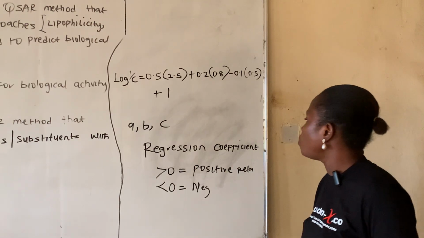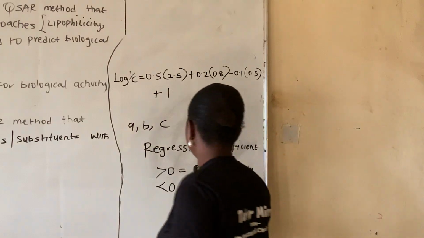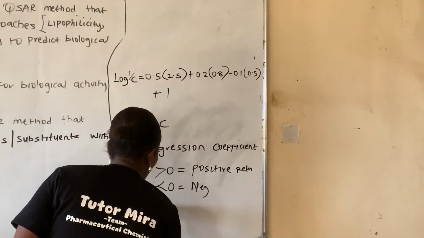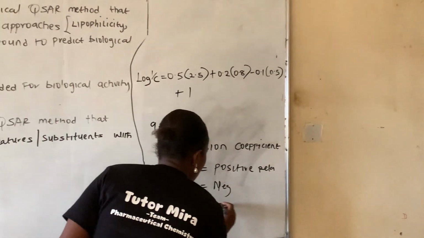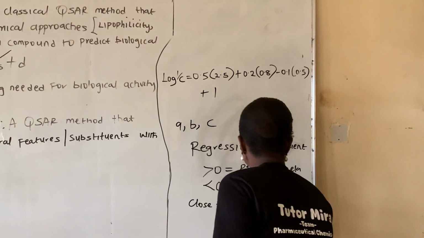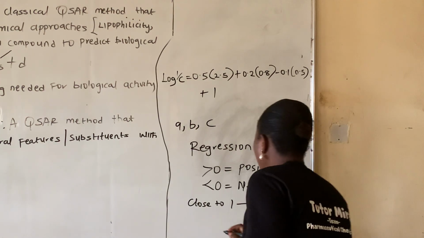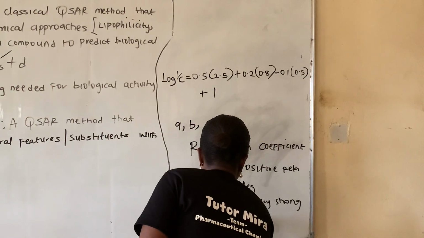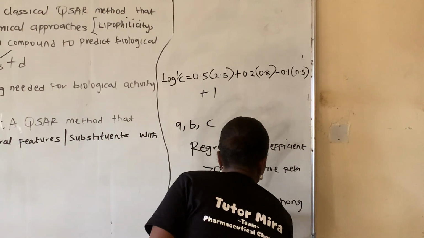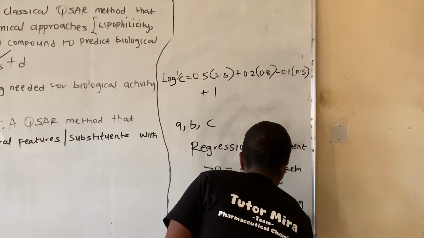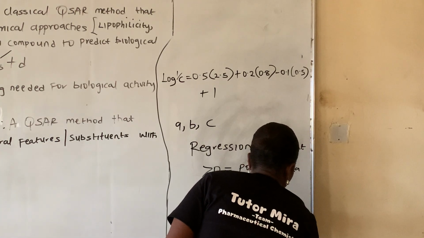Another thing too is when your regression coefficient is close to 1, you will say that the relationship is very strong. And when it is close to 0, you say that the relationship is very weak.